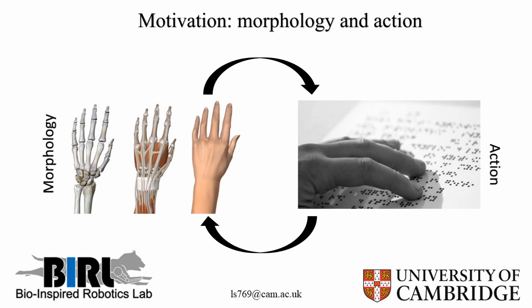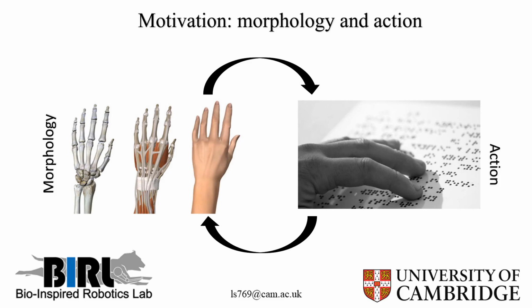Or take our hands. The properties of our dermis, the elasticity of our skin, as well as the shape of our hands, our five fingers and so on, shape the way we perceive tactile sensing, and the way we see objects in our mind.